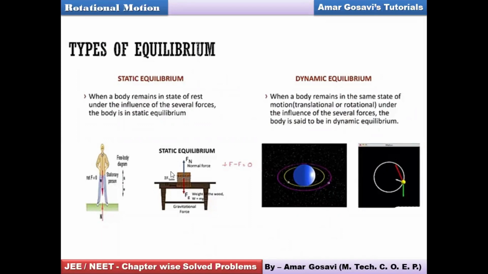If you observe the total forces acting on this object, the upward force is nullifying the downward force, and therefore the resultant force would be plus F minus F, which ultimately equals 0. If the resultant force on the object is 0, then the object is in static equilibrium.